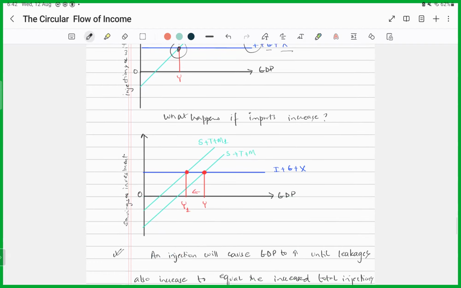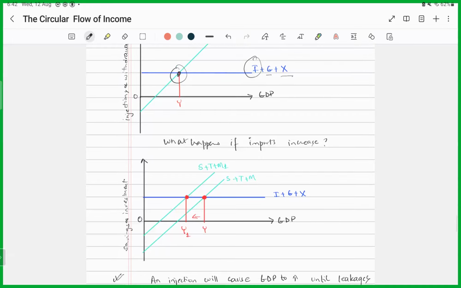For instance, if I say there was an increase in imports, what would happen? The curve should shift inwards, right? There would be a withdrawal from the circular flow of income, right? Because we represented it as what? As a withdrawal, as a leakage.